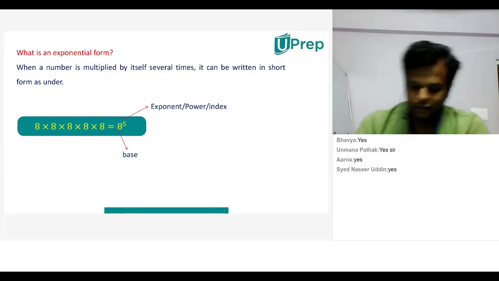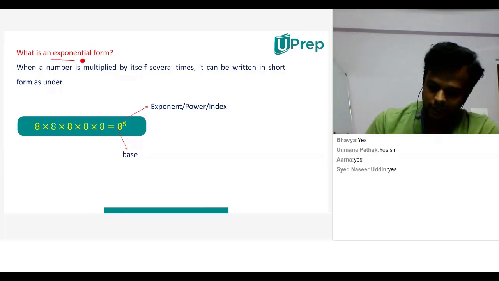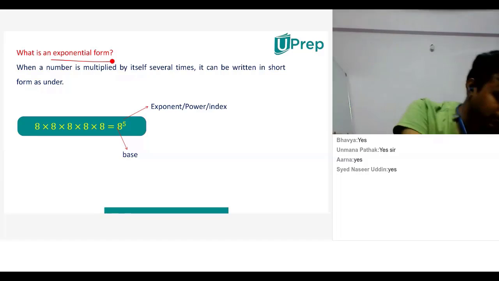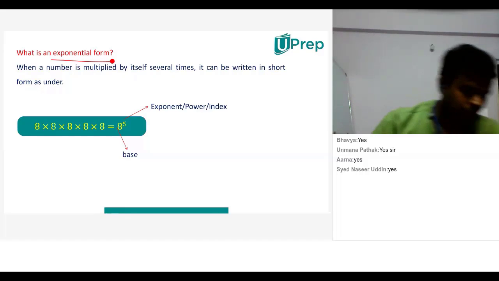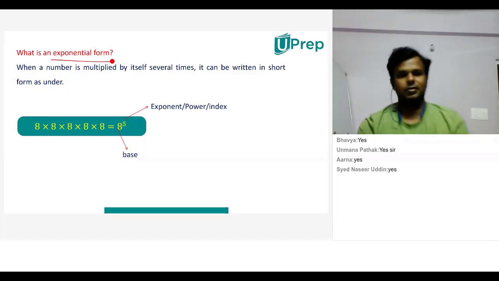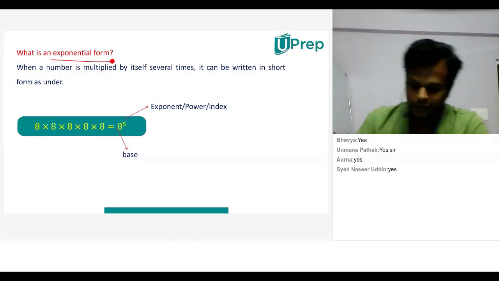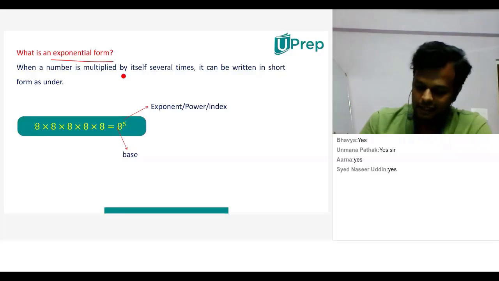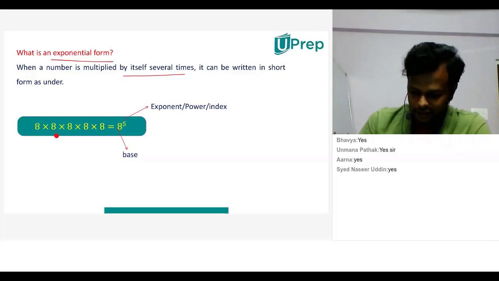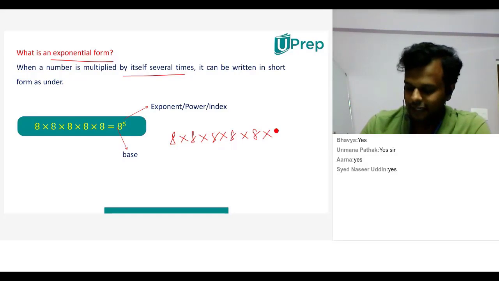So what do you mean by exponential form? Here exponential form is you have a number multiplied by it several times. It is not always possible to write 8 power 5 as 8 into 8 into 8 into and so on.